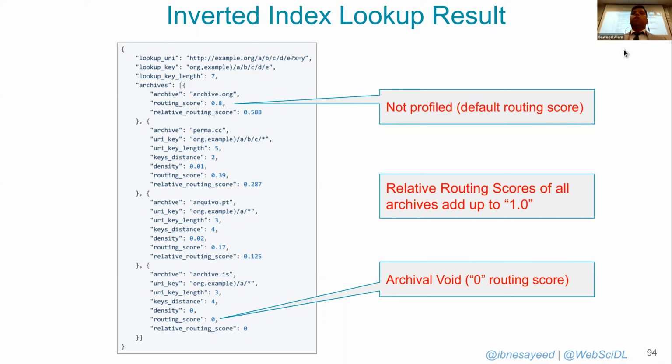But we don't want it to disappear from the list, so we always give it a default routing score. At the bottom, we have things that have matching archival voids, basically. So now, given this list, a client can decide which one of these archives they want to go for based on routing score or relative routing score, whichever they choose.